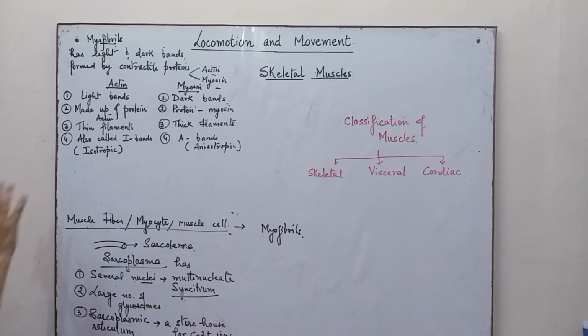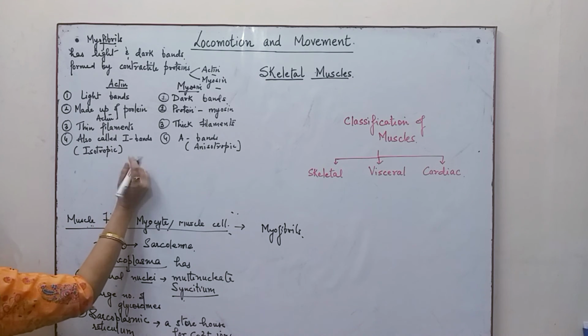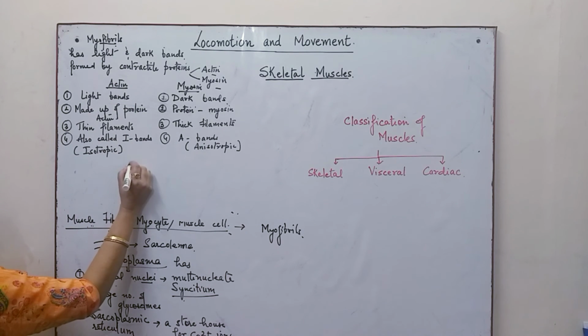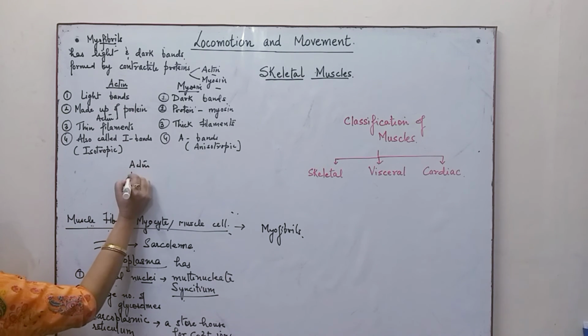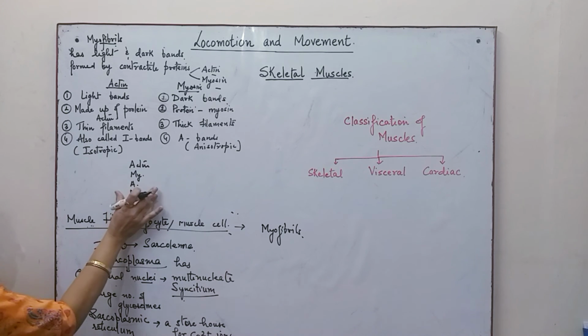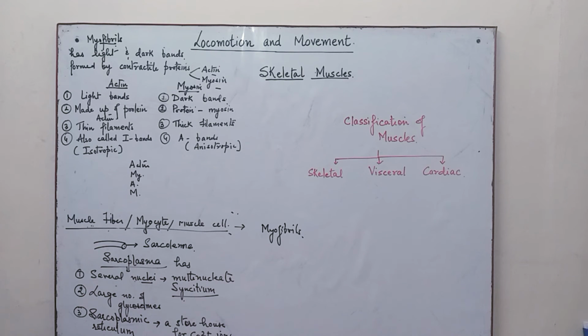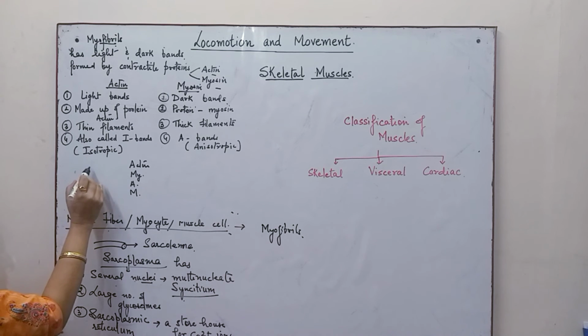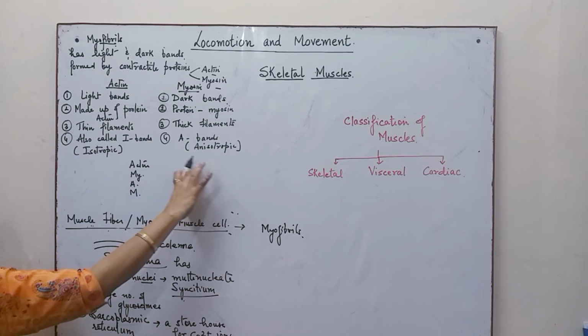Now both the proteins actin and myosin are arranged alternatively. So if we see actin followed by myosin, then actin, then myosin, they are arranged alternatively, and also parallel to the longitudinal axis.